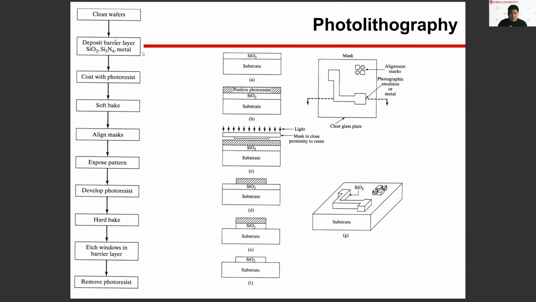It is usually done with hydrofluoric acid, and the next stages can vary widely.